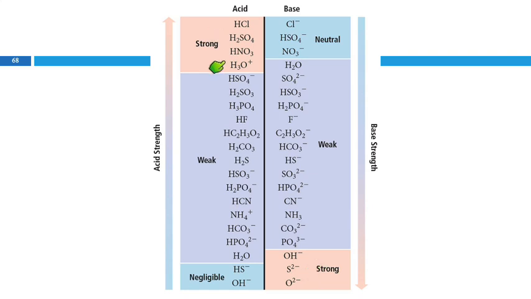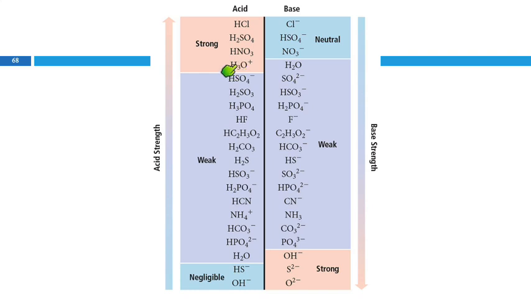So here are three of the strong acids, right? HCl, H2SO4, and HNO3. And these are their conjugate bases. Because they are the conjugate base of a strong acid, they do not act as bases. They are neutral. A solution of these ions would be a neutral solution.